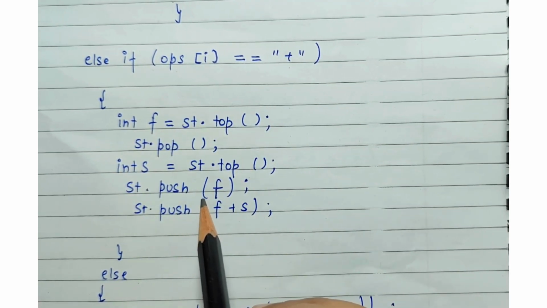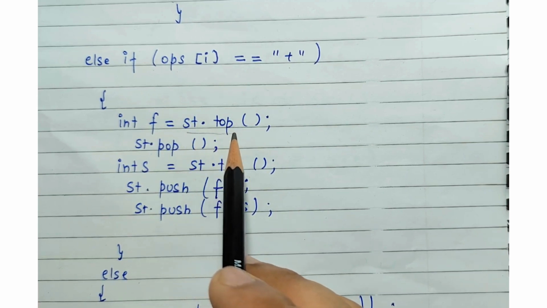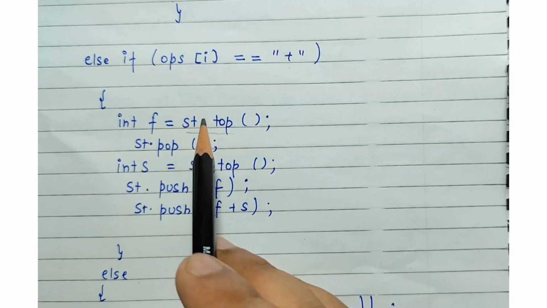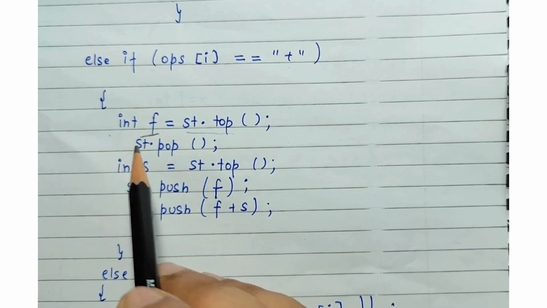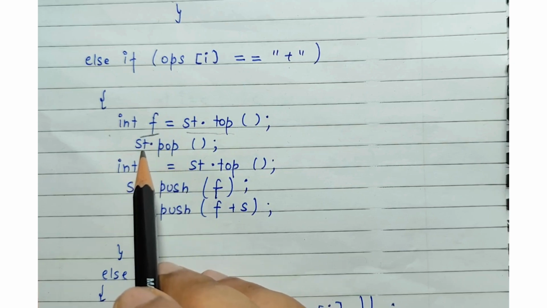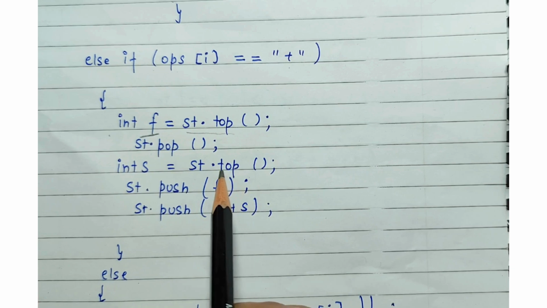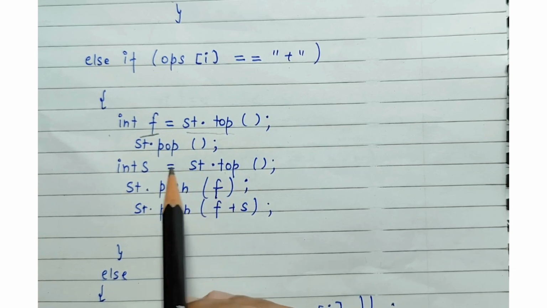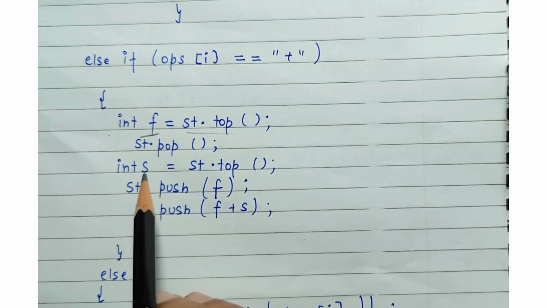of the previous two records. Now how to perform the addition? So first we fetch the top element of the stack in the f variable. F represents the first record. Then we have to pop the first value. After this again we fetch the top element of the stack and that value is stored in the s variable. Now there is no need to pop this second value.